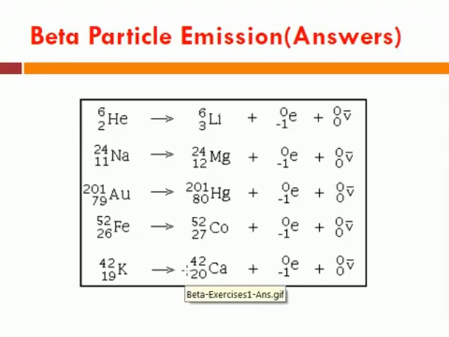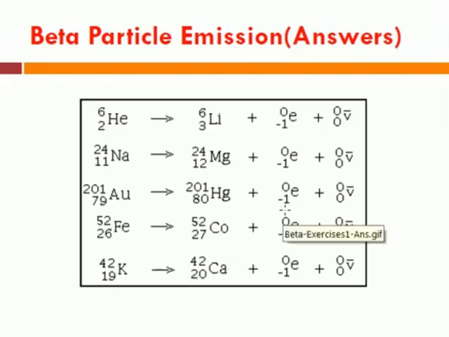So that is balanced. 0 plus negative 1, so negative 1, so we have 1 plus 19, so we have 20. The element with atomic number of 20 is calcium. So remember, under beta particle, we have an electron here in the product side and an antineutrino.